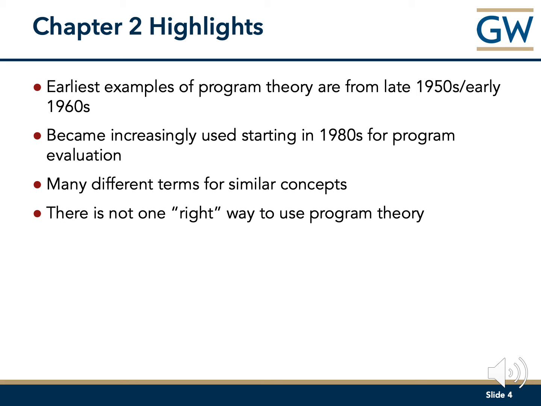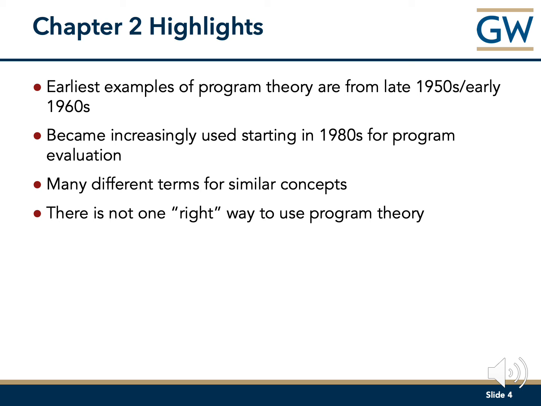In Chapter 2, they provide an overview of the history of program theory. It has been around for quite some time, and the earliest examples cited are from the 1950s and early 1960s. Program theory became increasingly used starting in the 1980s and has been used all around the world by many different organizations, including governments. As a result of that, there are different terms for similar concepts.